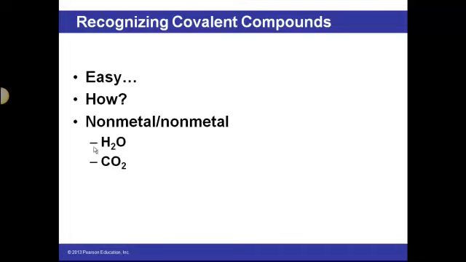If we have a water molecule, for example, we know that this is going to be nonmetal plus nonmetal. This is going to be a covalent bond. Carbon and oxygen are going to be the same way. We've got nonmetal and nonmetal coming together. This is going to be covalent. How about ammonia and hydrogen?